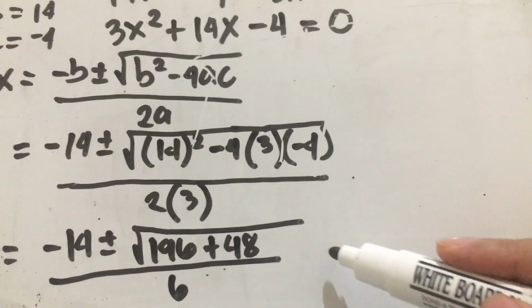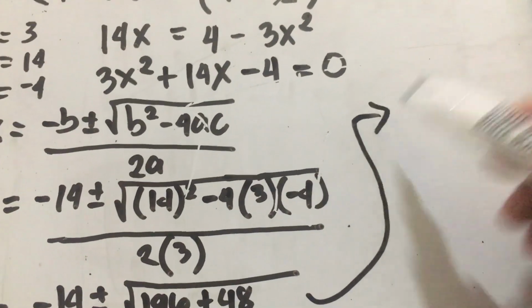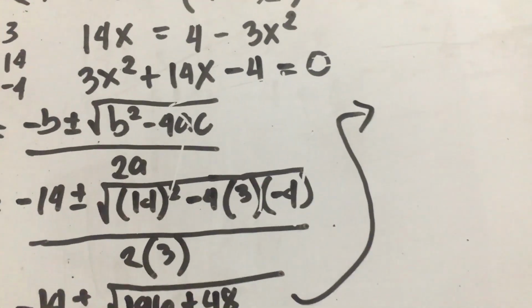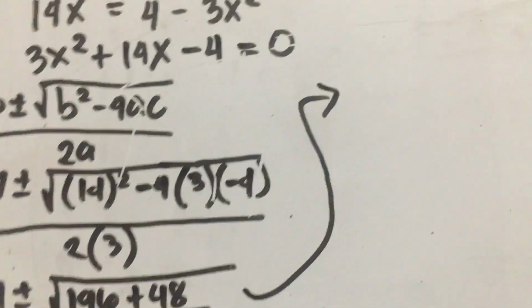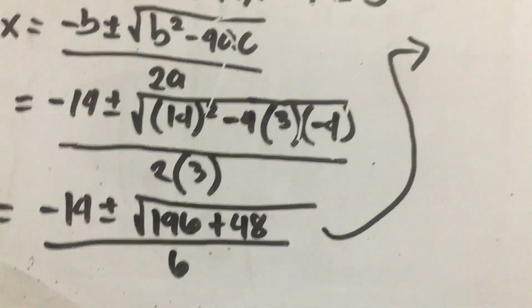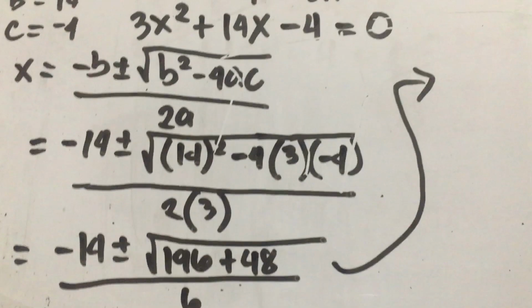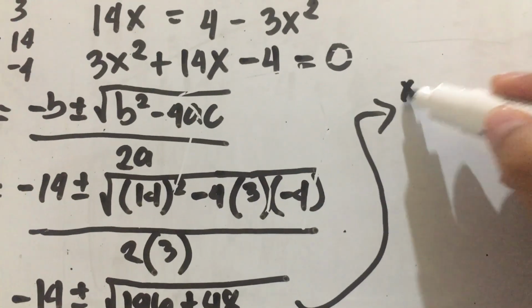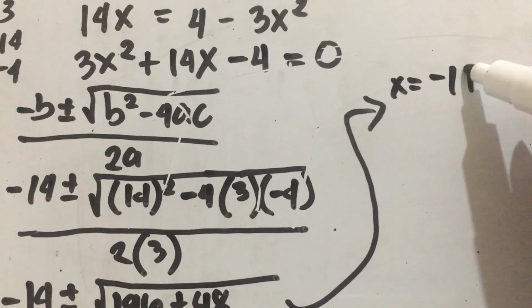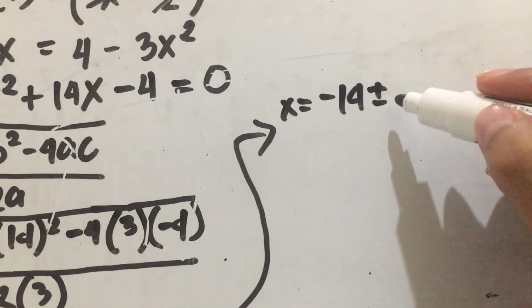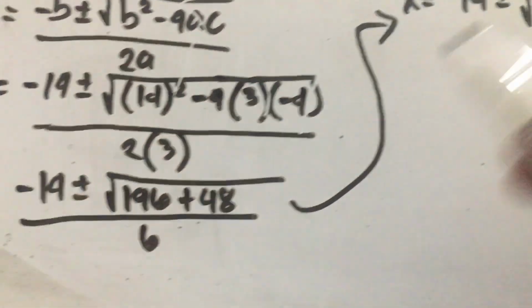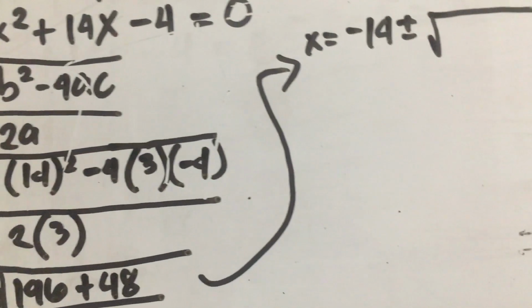Okay. Now, we fast forward. So, at this point, again, simplify. So, that is negative 14. Again, your x is negative 14 plus minus square root 196 plus 48.